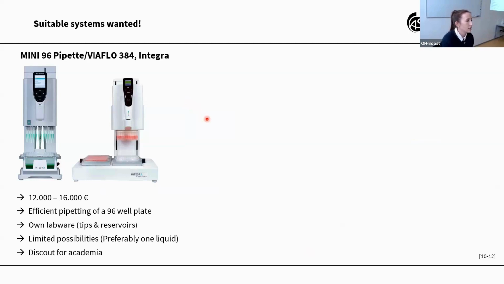Here the price is between 12 and 16,000 euros, and you can get a discount for academia, which is good. But of course, the limitations: we are not that flexible, and they also use their own labware, not regarding the plates, but tips and the reservoirs.